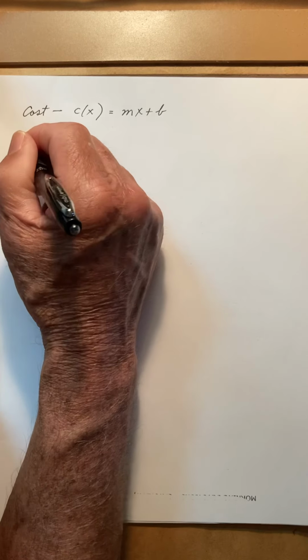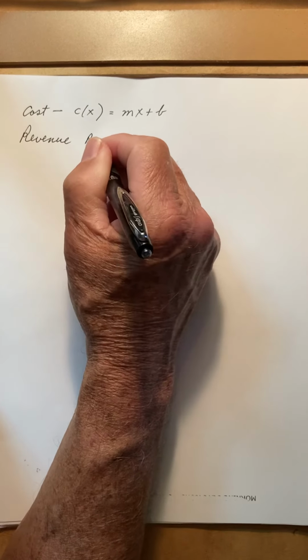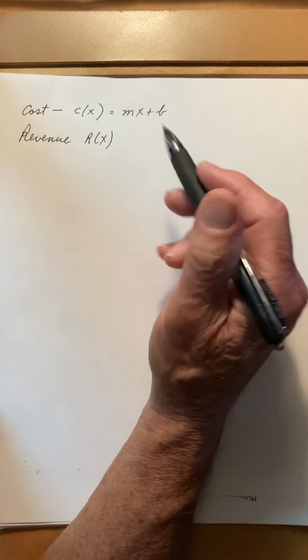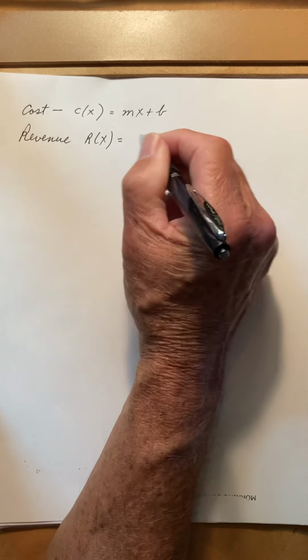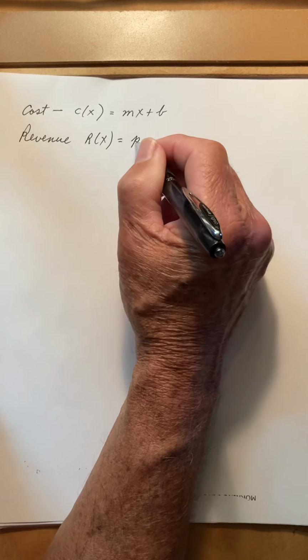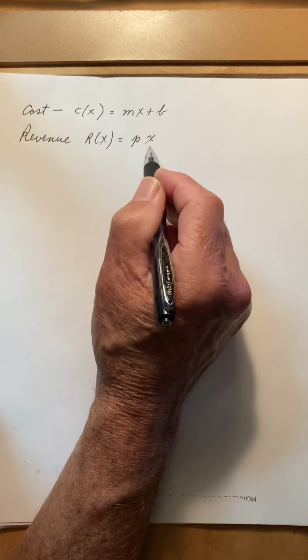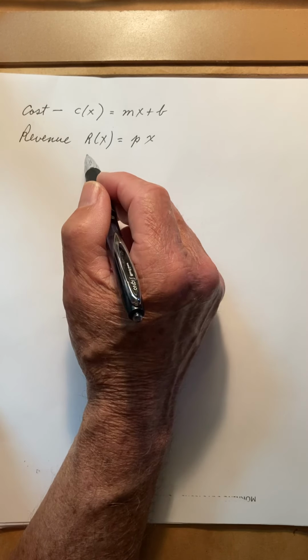We also have what we call revenue, which is called R of X. Revenue is how much you get for selling your products that you're manufacturing, and R of X is based on the price times the number of items. So the more items you sell at a particular price, the more revenue you have.